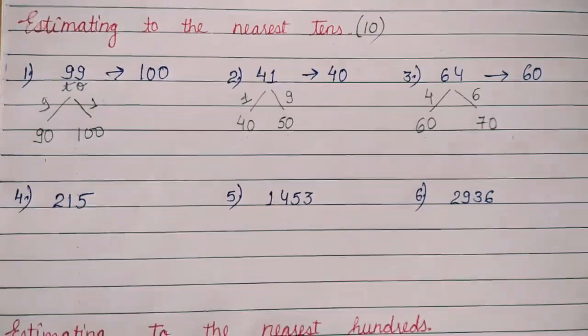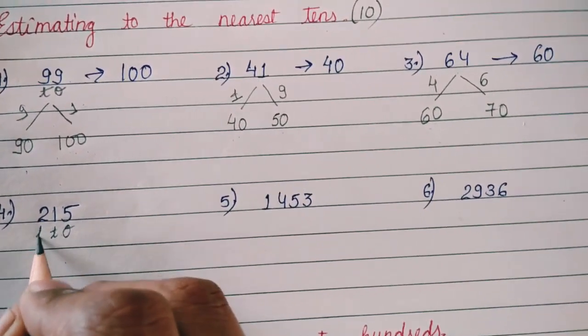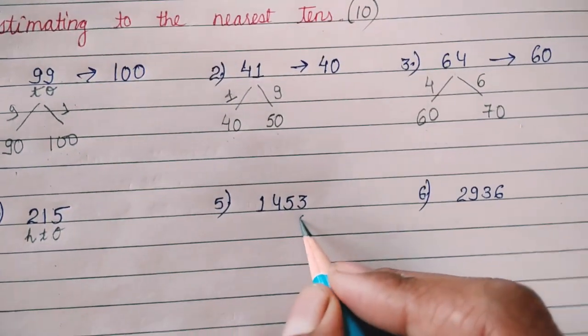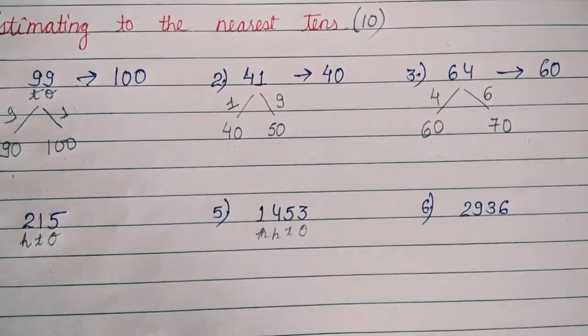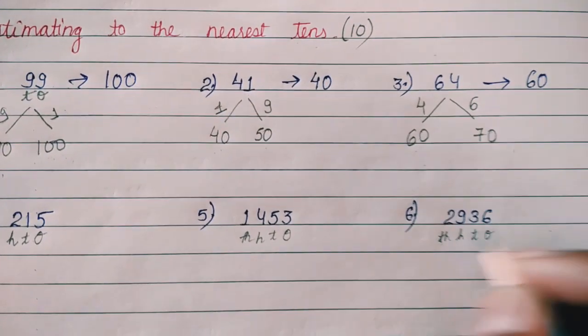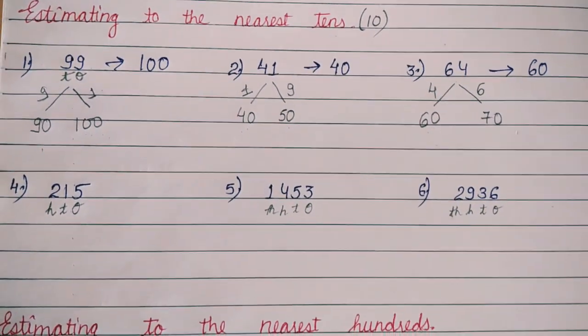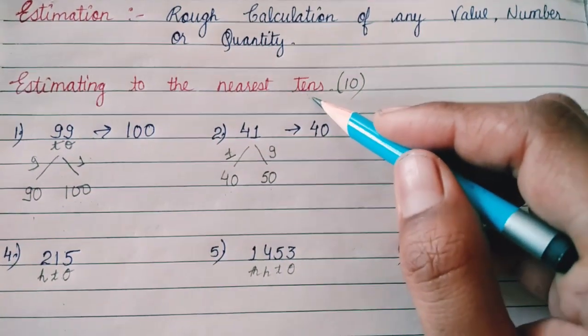Okay. Now when we have a number with places of ones, tens, hundreds, here also ones, tens, hundreds, thousands, and here also we have ones, tens, hundreds, thousands. In this kind of question, we are told to estimate only the tens place.